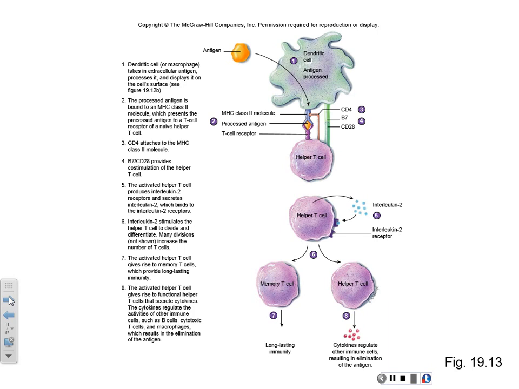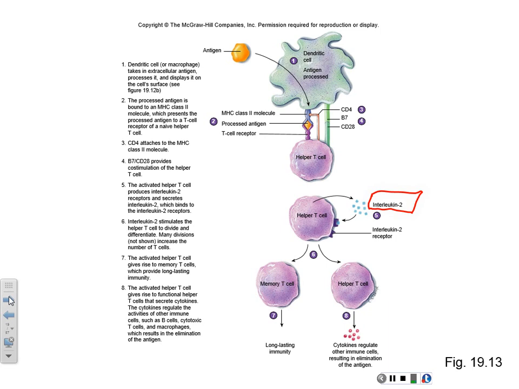Sometimes it's B cells, sometimes it is macrophages. It involves co-stimulation of CD28 and B7 on the antigen-presenting cells, and it produces interleukin-2. Interleukin-2 is the final act that will stimulate the division into the memory T cells and helper T cells.